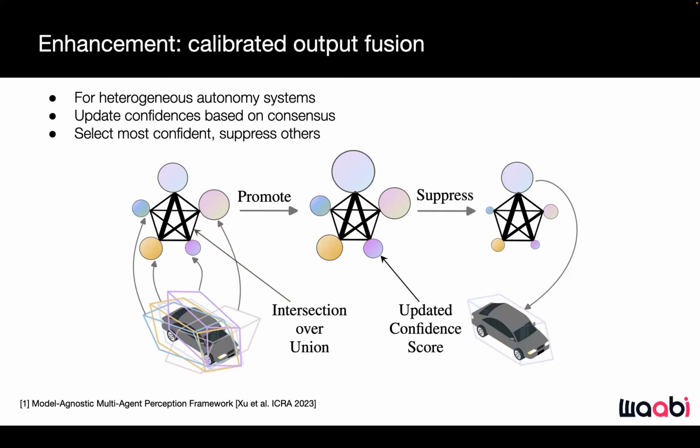So maybe you train a particular network on one data set with, say, PointPillars, and you output certain confidences. And then maybe another network such as SECOND outputs different confidences. And they're not very calibrated across different autonomy systems. So this approach tries to calibrate those confidences and then more intelligently fuse bounding boxes with overlap, allowing for a better fusion of output data.